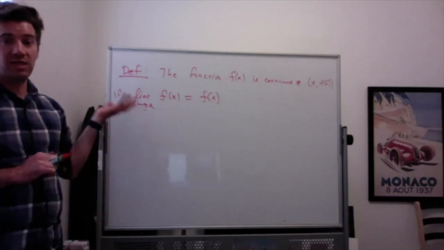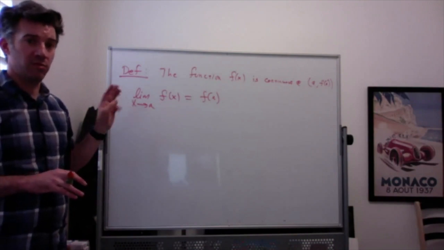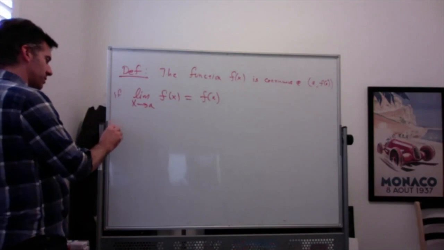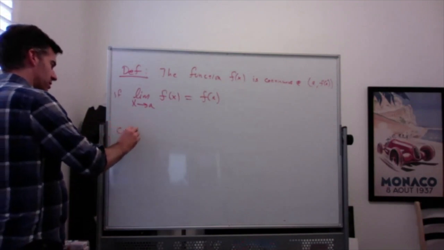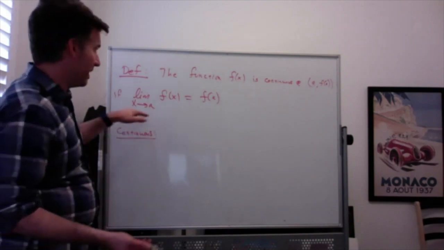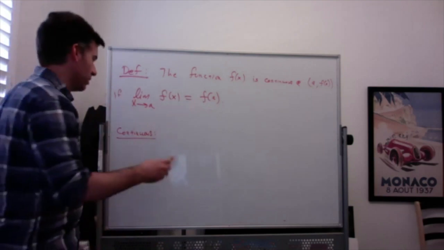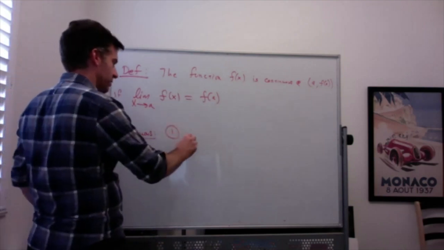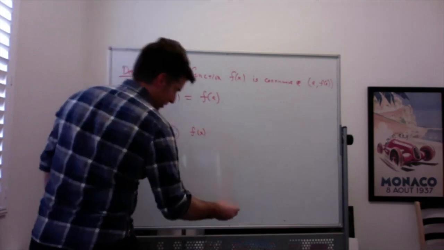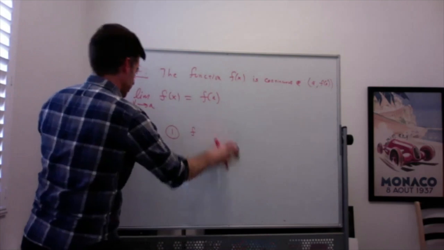Now, this is a perfectly fine definition, but typically a lot of people will break it down into a 3-part definition. So when I'm thinking about something being continuous, there's actually 3 things I look for. Really, they're all in this statement here, but it's kind of easier to break it down this way. So the first thing we have to look for, I should back up.